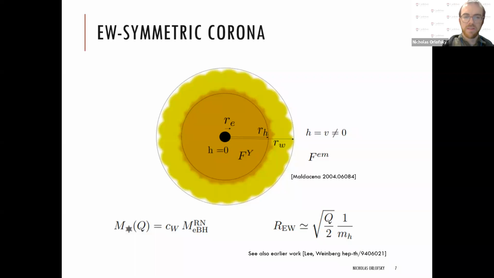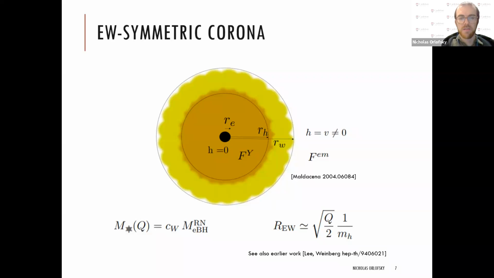What this picture is, you have some very small black hole with some event horizon radius, and then out at some much larger radius, you have this whole region where the Higgs vev is exactly 0. Then you have some small ring where you have some W boson condensation, but still non-zero Higgs vev, and then finally out in the rest of the universe you have the normal electroweak symmetry breaking that we're used to.